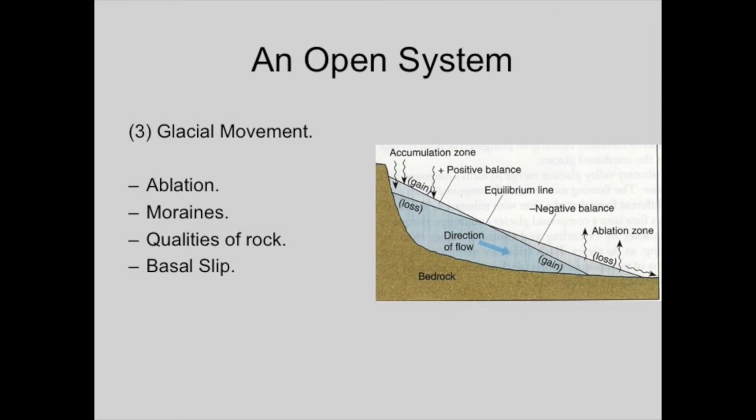This variation in movement in different parts of the glacial body demonstrates how systematically dynamic it is and how hard it is, in a sense, to predict where the glacier might be moving and the rate at which it may move. The other thing that you'll see here is that wherever you are in the glacial body, you have pluses and minuses with regard to accumulation and loss. These too are factors or variables in terms of this open glacial system.